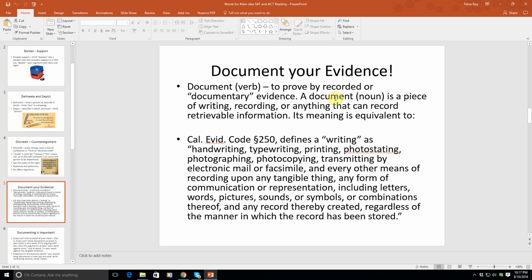Its meaning is equivalent to the meaning of a writing in California Evidence Code Section 250, which defines a writing as handwriting, typewriting, printing, photostating, photographing, photocopying, transmitting by electronic mail or facsimile, and every other means of recording upon any tangible thing, any form of communication or representation, including letters, words, pictures, sounds, or symbols, or combinations thereof, and any record thereby created, regardless of the manner in which the record has been stored.